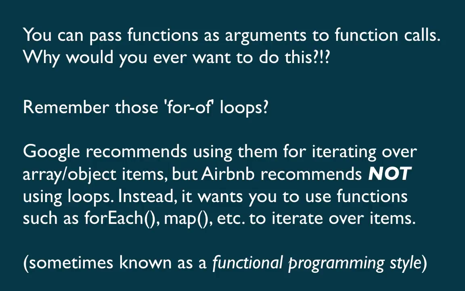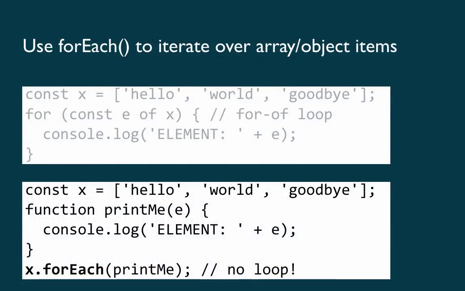This is sometimes known as a functional programming style, which is to use special functions where you pass functions in as arguments, which are called higher order functions as well. It's a style of programming that some people prefer that basically avoids using explicit loops.